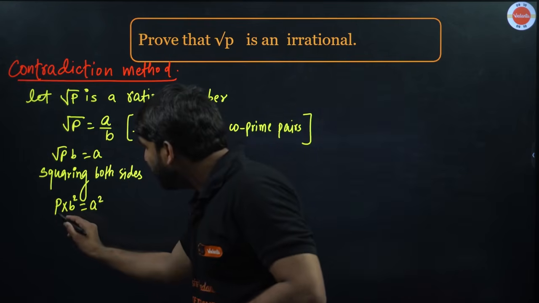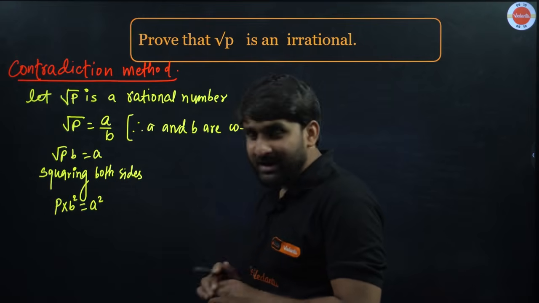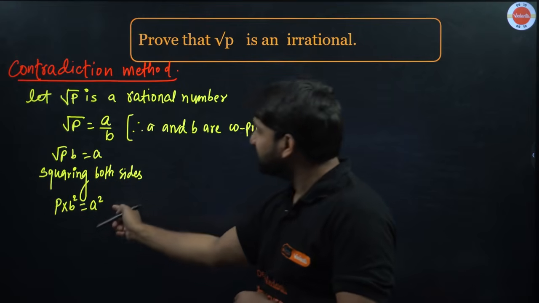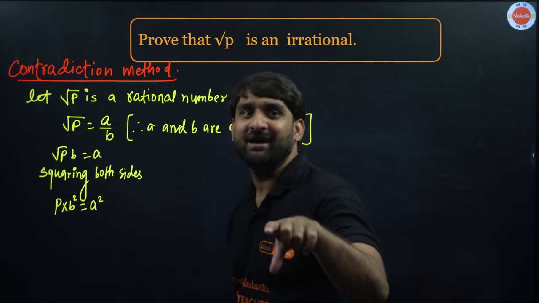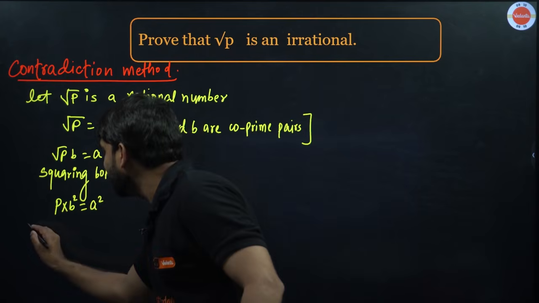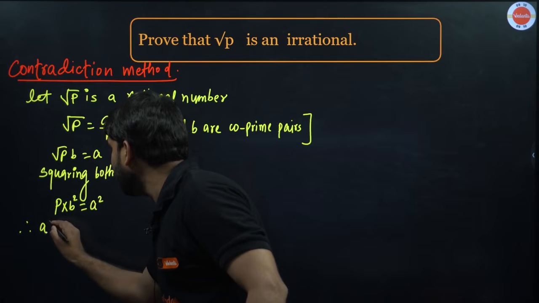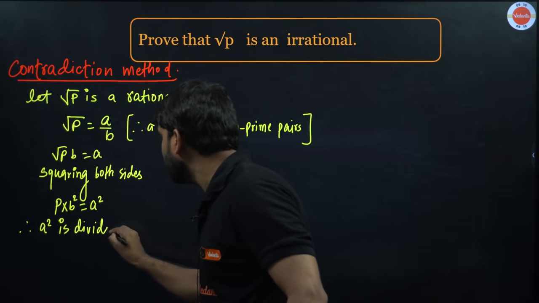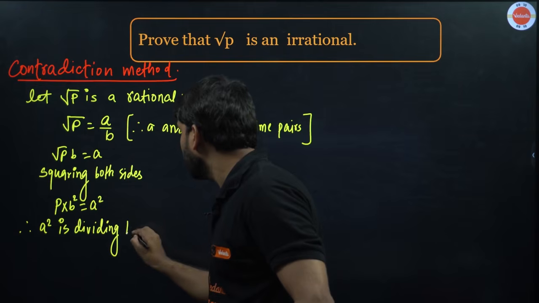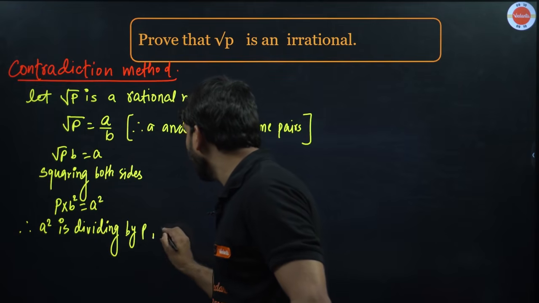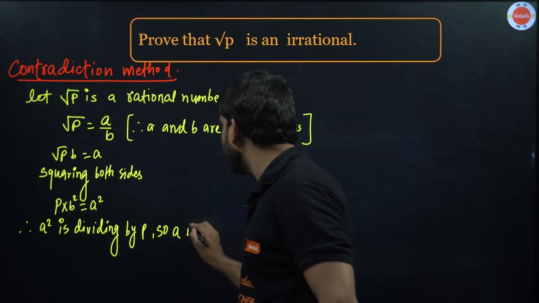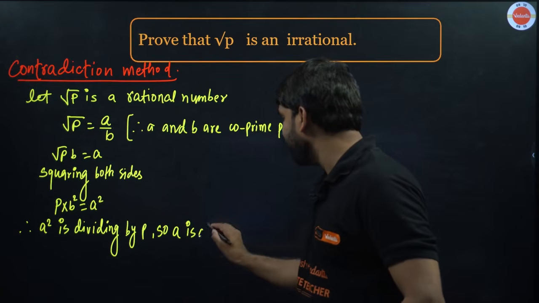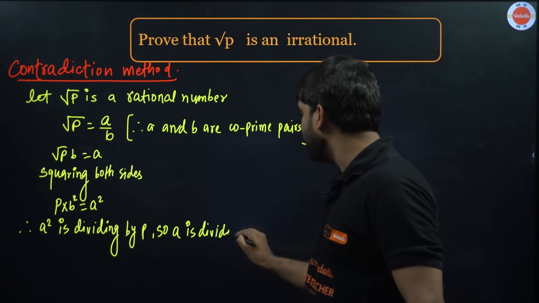Now if P b square is equal to a square, we can shift this P this side, and it means a square is divided by P. If a square is divided by P, then a is also divided by P. So a is divided by P.